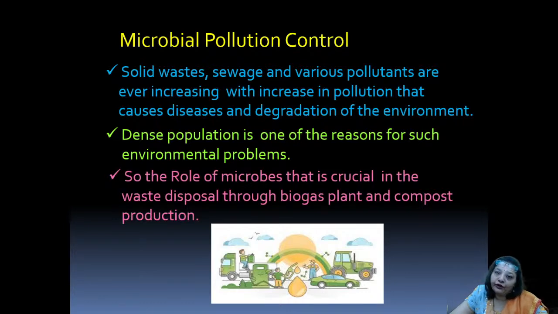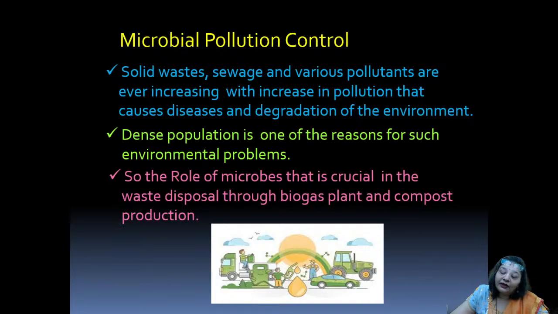Now microbes, we have already learned, play an important role in production of biogas in the biogas plant. And not only that, they undergo decomposition processes and help in formation of compost production. And this production of the compost and the biogas is the major role that the microbes play in disposal of the solid waste and the sewage, reducing the amount of pollutants in the environment.